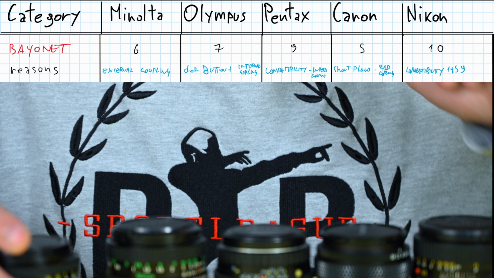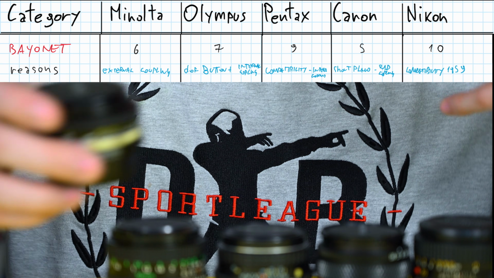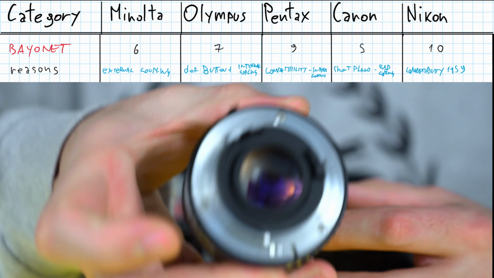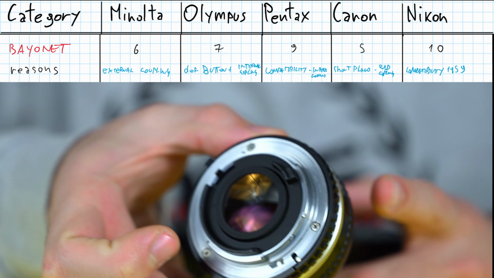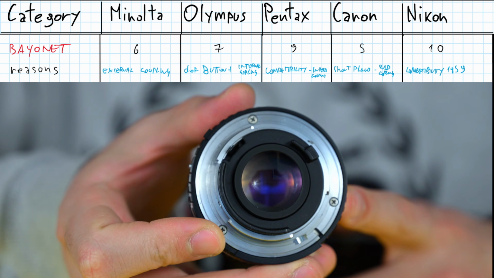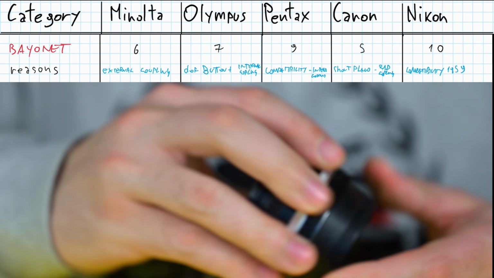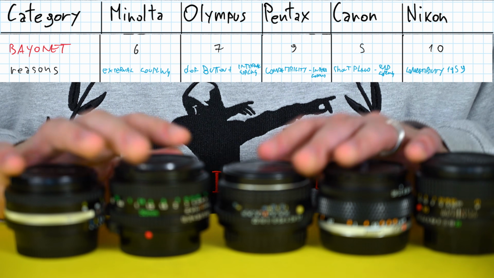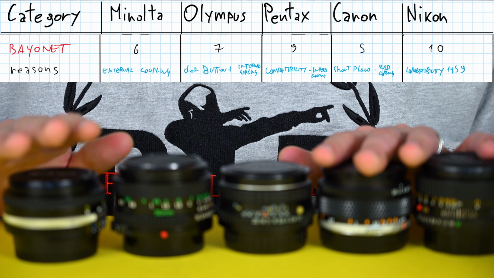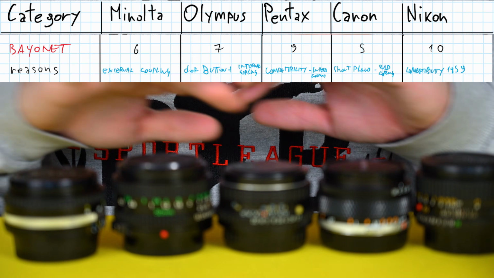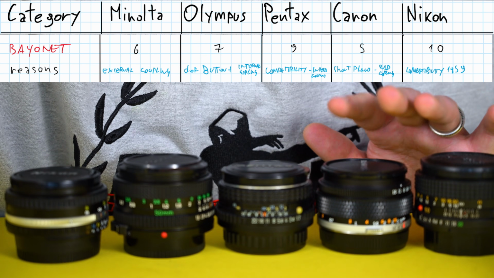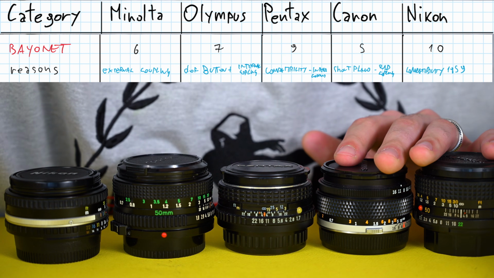I don't like it a lot, and I don't think it's really good, and a 10 out of 10 for the Nikon F mount. This mount is from 1959 and still today we can use it on the Nikon reflex. Amazing, really amazing, the Nikon F mount. We also can use some F mount lenses with autofocus on mirrorless. Amazing. And these are the reasons for the votes to the bayonet.